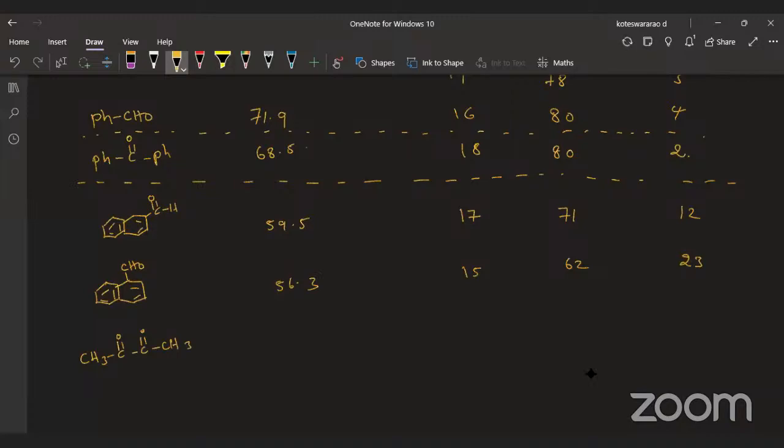It can transfer 54.9 kilocalories, and it is responsible for 13% of the cis isomer, 52% of the trans isomer, and 35% of 4-vinylcyclohexene.